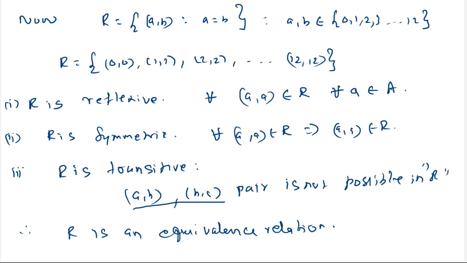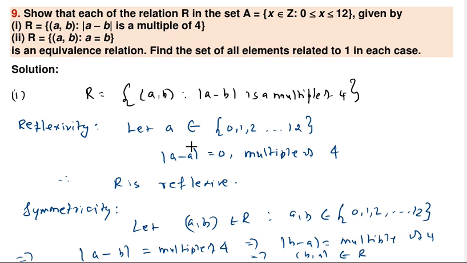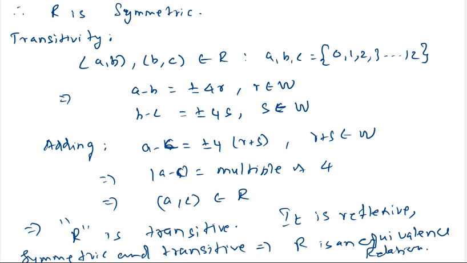Let us have a look at the nature of the question. Find the set of all elements related to 1 in each case. What to do? The set of all elements related to 1 in each case. In the first case, the absolute difference should be 4. In the second case, pre-image and image should be equal. So the set of all elements related to 1 from each case, we have to discuss.